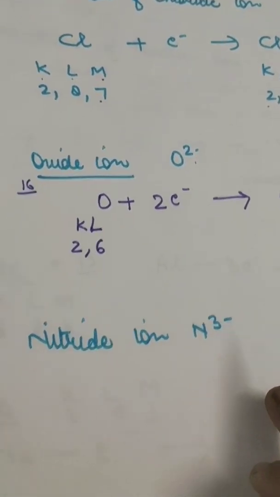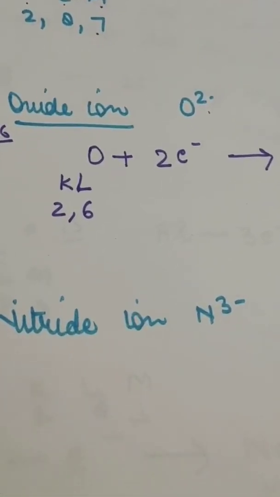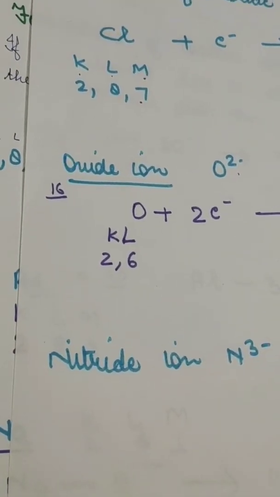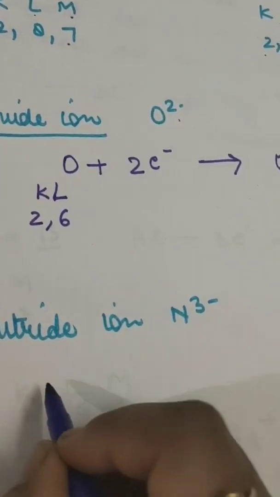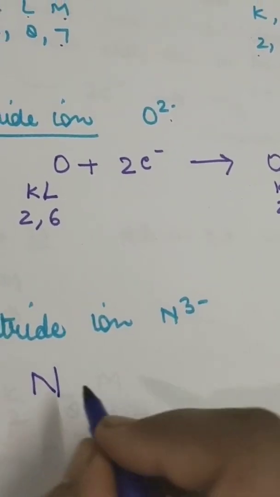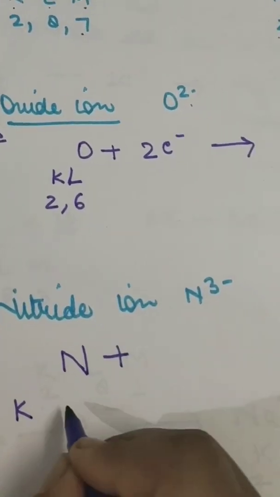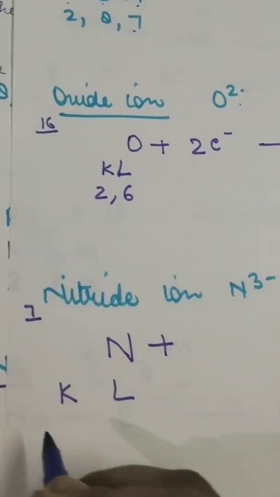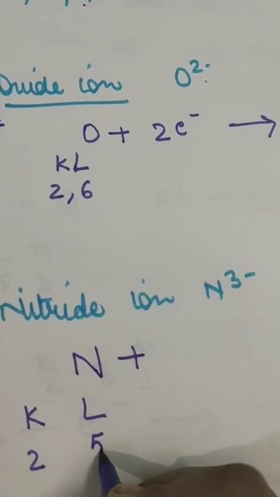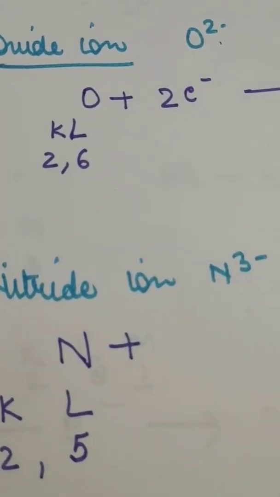Same in the case of nitride. When nitrogen becomes an ion, we don't call it nitrogen ion, but we call it nitride ion. In the case of the nitride ion, nitrogen has atomic number 7. First we'll write the configuration, K and L. In the K shell it has 2 electrons, and in the L shell it has only 5 electrons. But it wants to have 8 electrons, so it will gain 3 electrons.